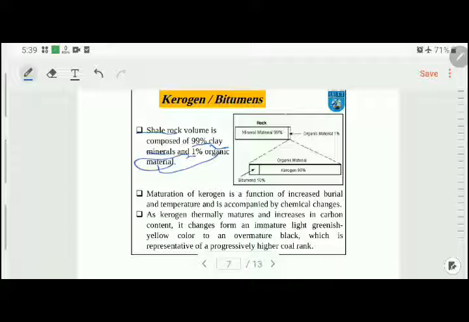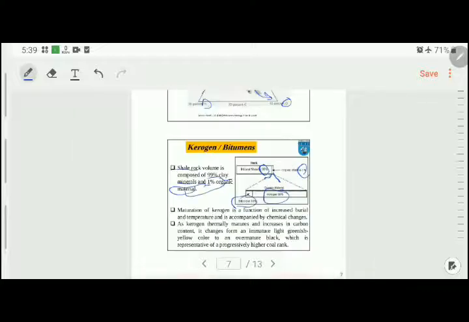This is the shale rock: the mineral materials make up 99% and only 1% is organic material. These 1% organic materials can be classified into 90% kerogen and 10% bitumen.